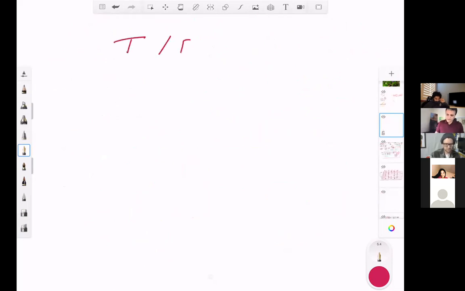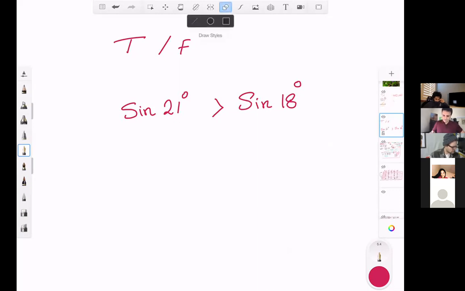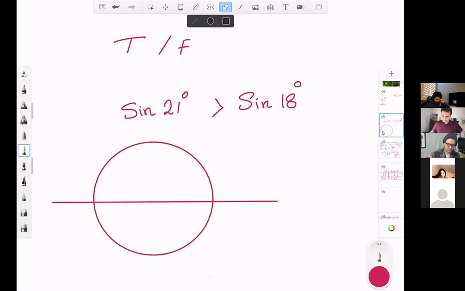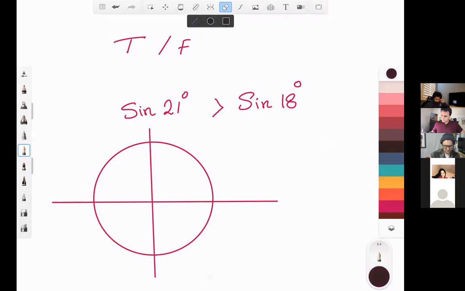True or false? Sine of 21 degrees is greater than sine of 18 degrees. True.